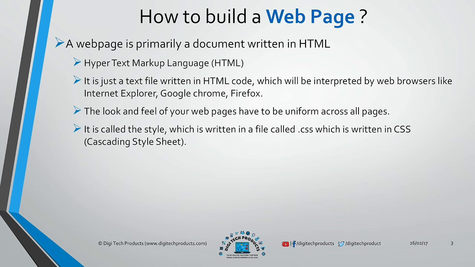Like if it is a button, if it is a main menu, what will be the color of the button, what will be the font style, what will be the font height, text size, and then where it will be placed, and when there is any content in a particular container, what will be all the spaces around it. You can just imagine that equal to formatting a word document.